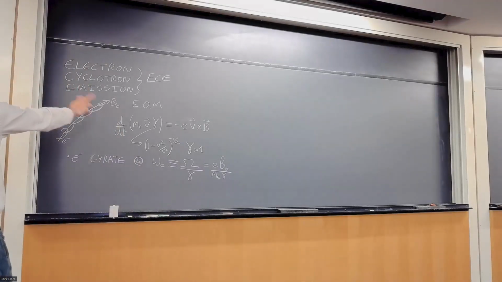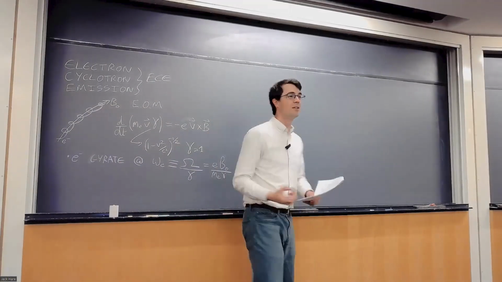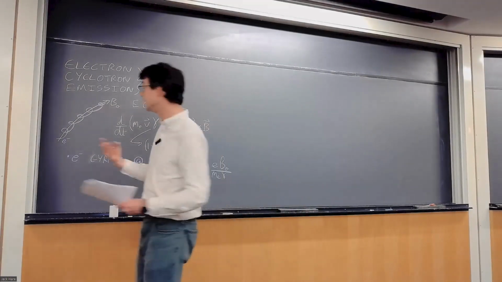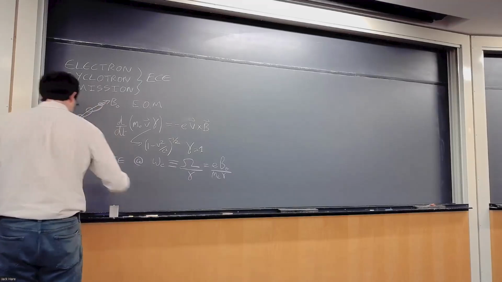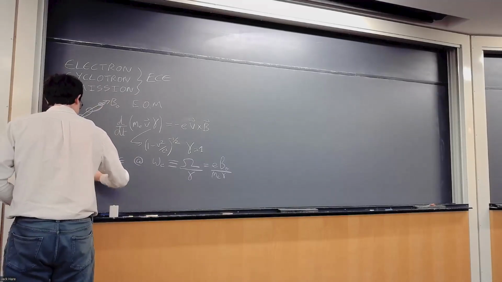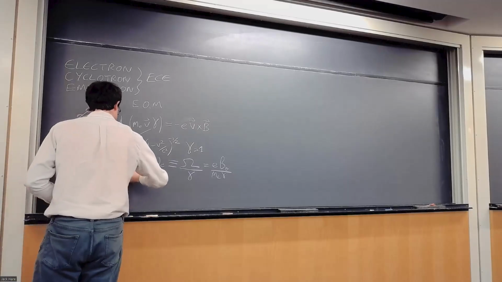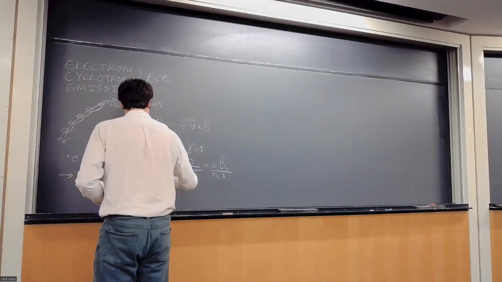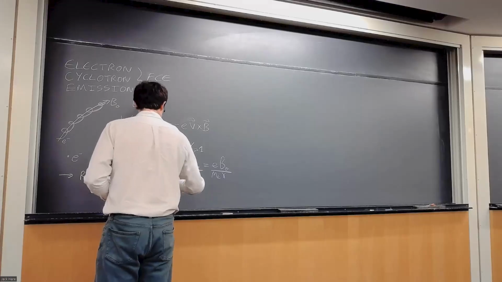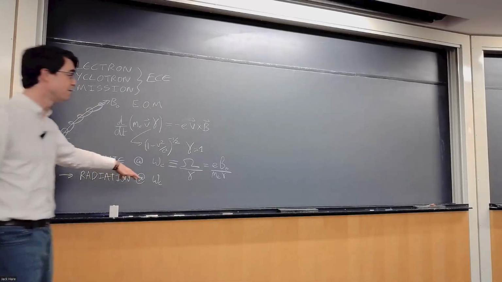Because the electron is gyrating at this frequency, it is reasonable to believe that there is an electric field it generates, which is also gyrating at that frequency. So we expect to have radiation at this frequency as well. And that's true, we do have radiation at that frequency.